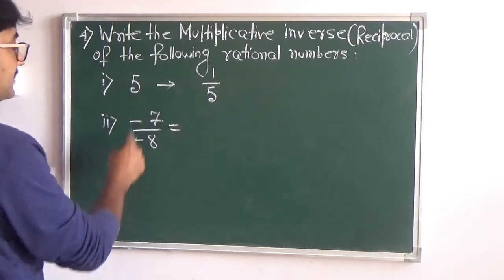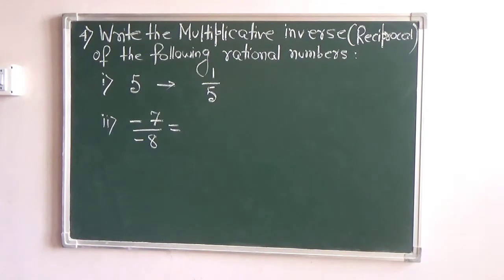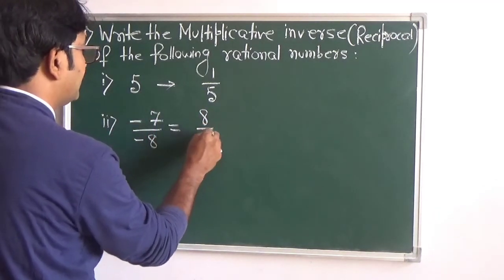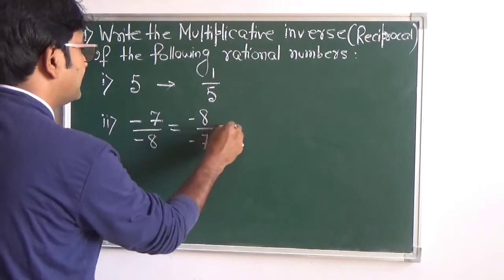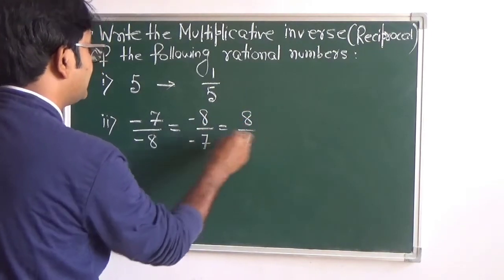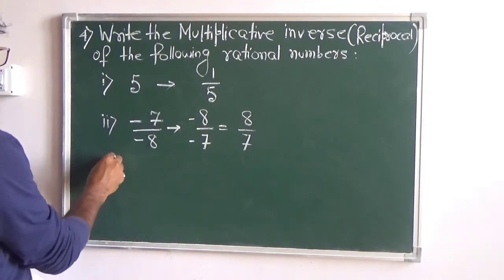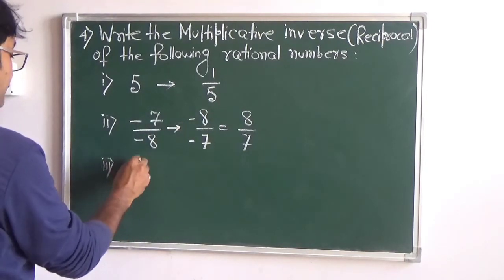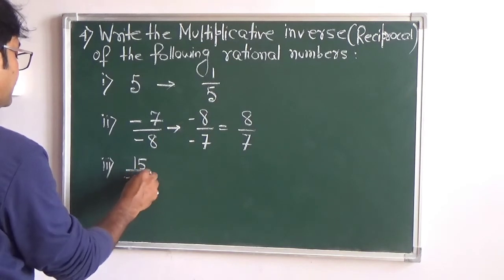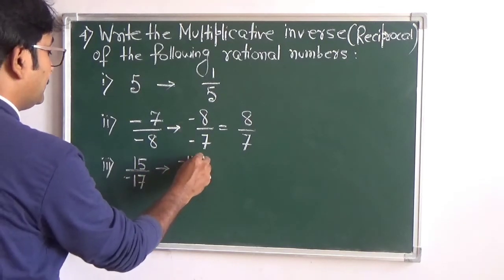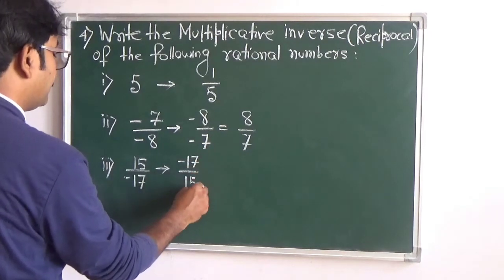Since the two are negative, that will become positive, and we take the reciprocal, and that becomes minus 8 by minus 7, and that is 8 by 7. Number 3, 15 by minus 17. So the reciprocal or the multiplicative inverse will be minus 17 by 15.